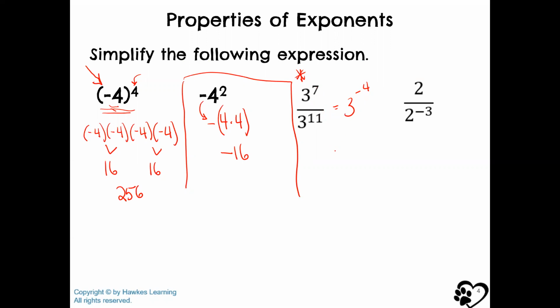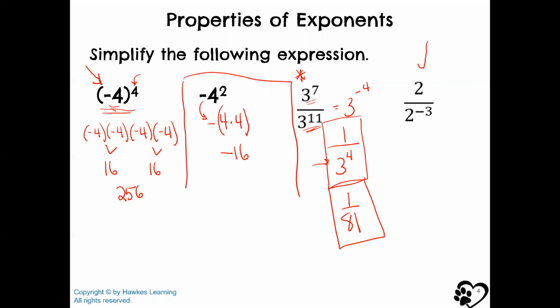So the only way to make that exponent positive is to drop it down in the denominator. Or just think, okay, what's the difference of 7 and 11? The answer is 4. And then ask yourself, are there more 3's in the denominator or in the numerator? Since there were more 3's in the denominator, that's where our 3 ends up, okay? Of course, you can simplify this further because 3 to the 4th power is 81. So this is really 1 over 81 is the best answer.